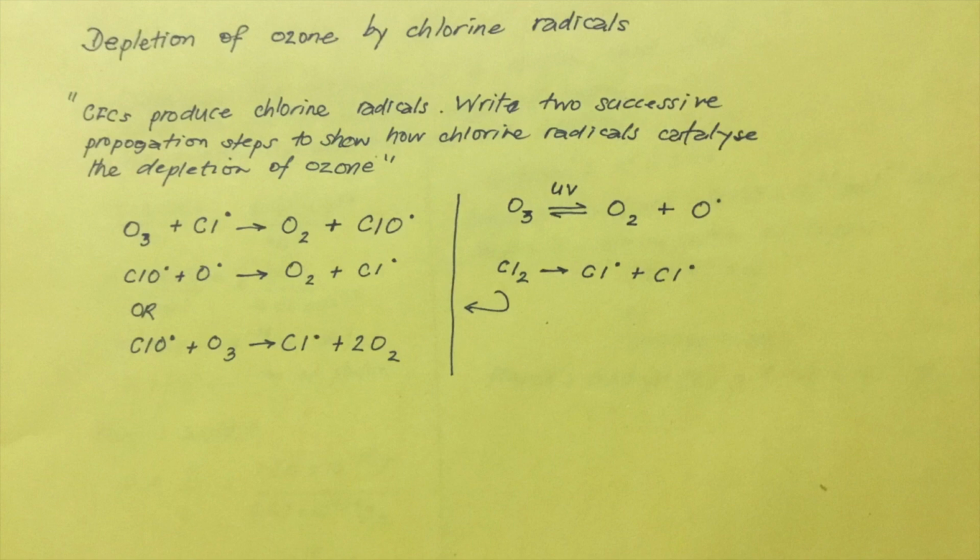O3 going to form O2 and an oxygen-free radical. And then the reverse process happens, and ozone constantly breaks down and reforms, and this is how it protects the Earth from harmful ultraviolet rays which come from the sun, but in the presence of chlorine-free radicals.